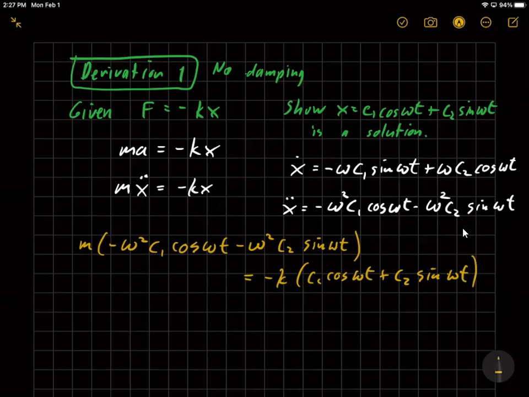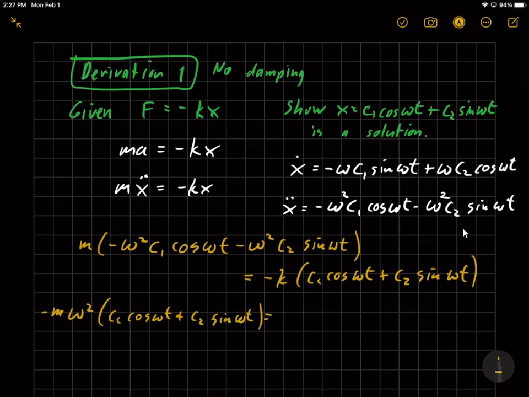If I copy down negative m omega squared, bringing out the negative omega squared, we're left with c1 cosine omega t plus c2 sine omega t on the left-hand side.